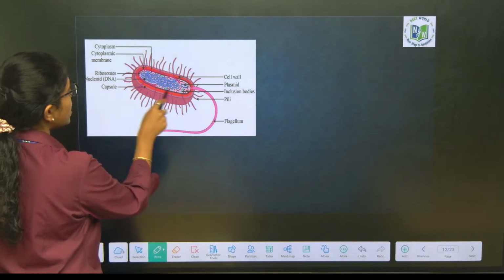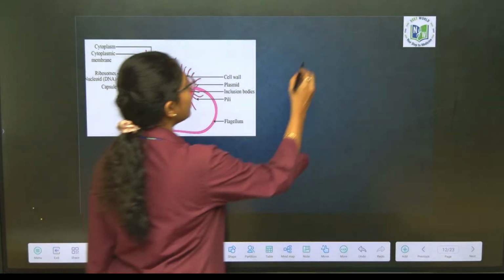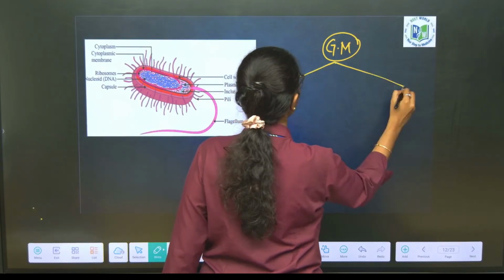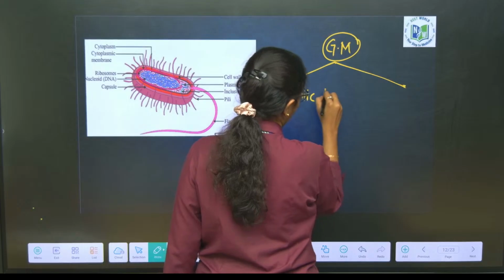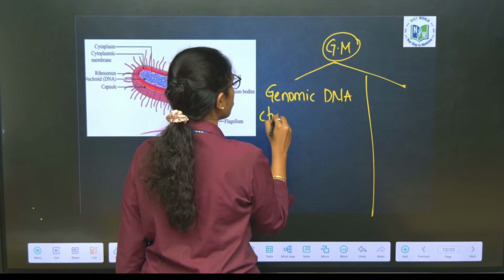Two types of genetic material are present inside the prokaryotic cell. One is genomic DNA, which is also called chromosomal DNA.